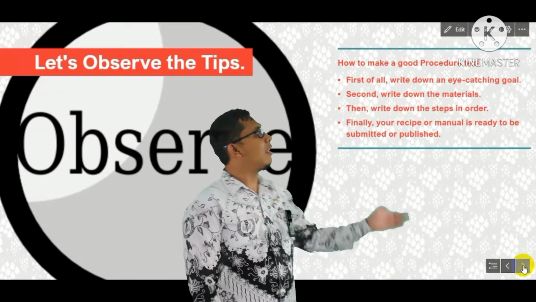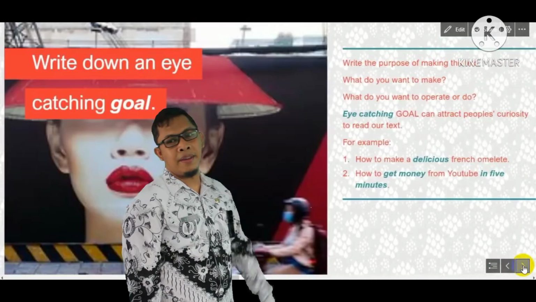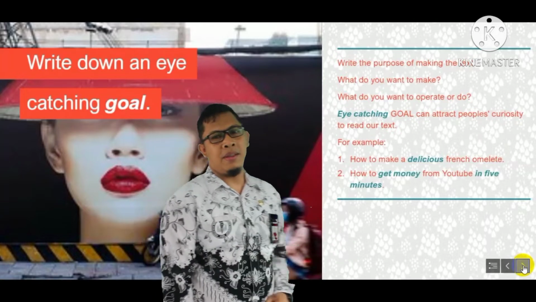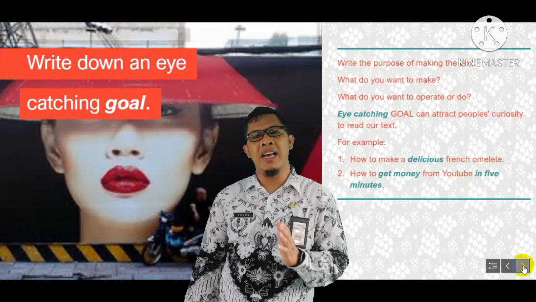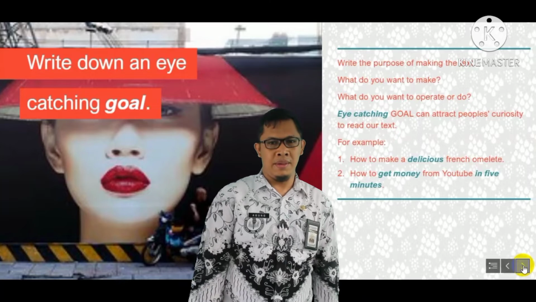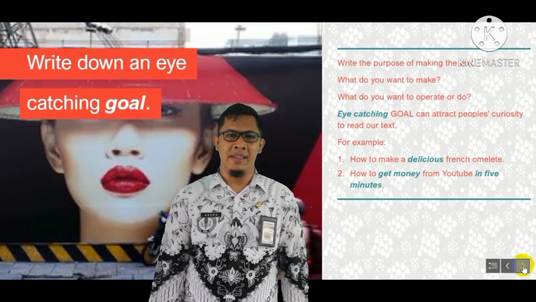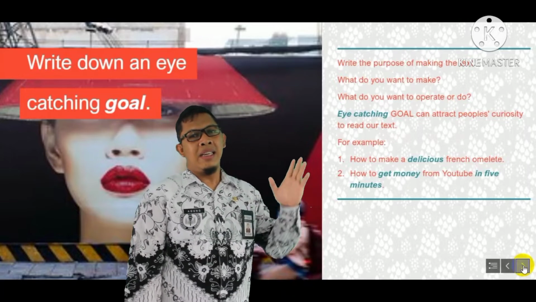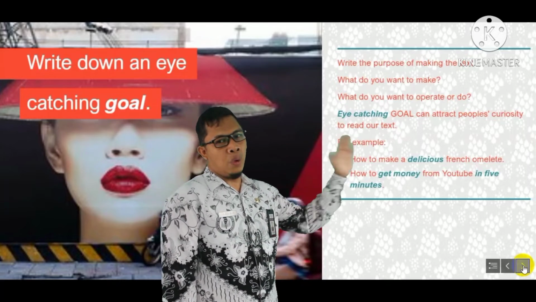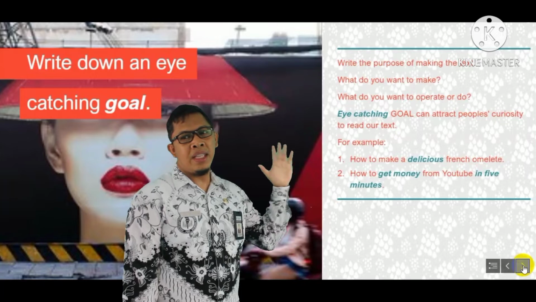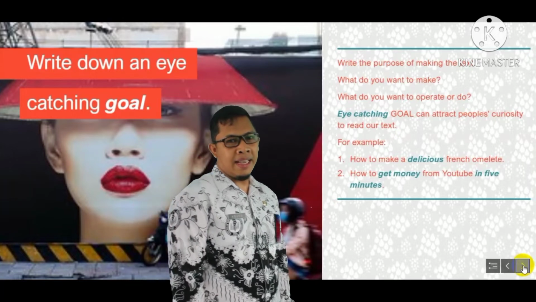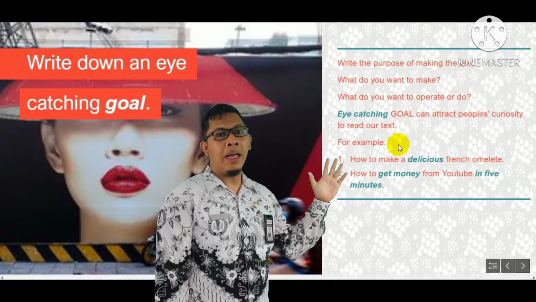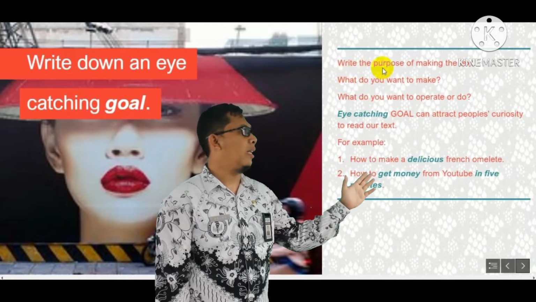Well, let's continue to our topic. The first step, write down an eye-catching goal. What does it mean? I will explain it to you. In writing a goal, please write the purpose of making the text. Jadi tulislah tujuan kenapa kalian ingin menulis teks ini.